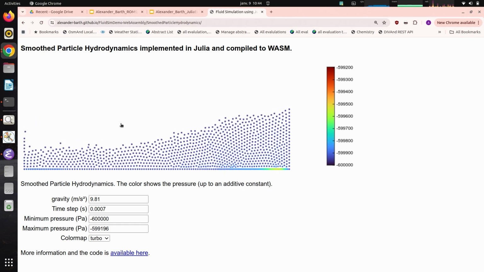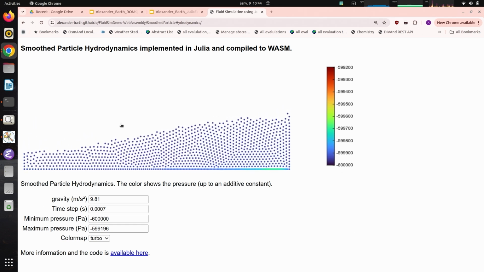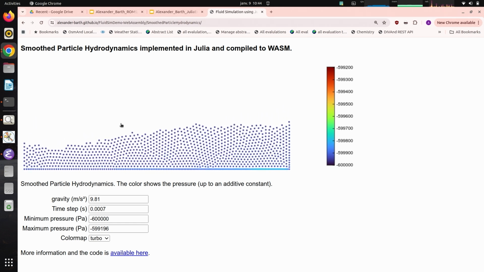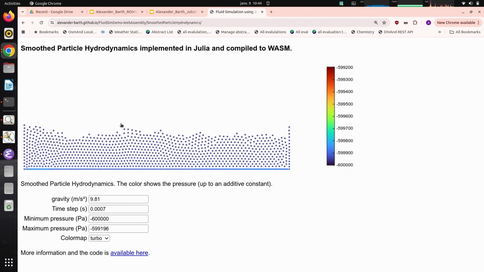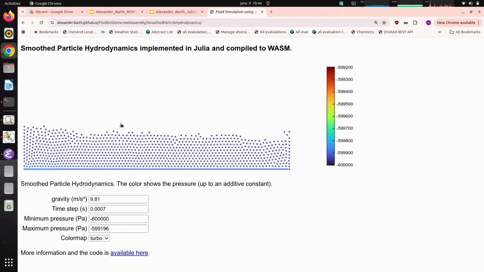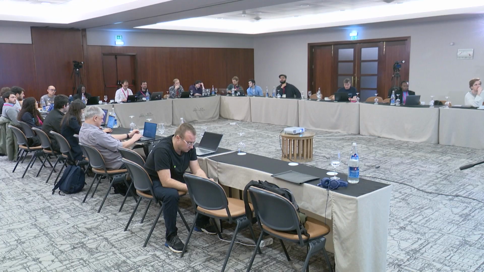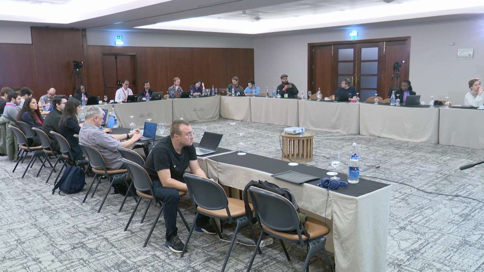WebAssembly is a supported backend in Julia, and then you can compile it down to WebAssembly. But it's a bit tricky because only a small subset of Julia is supported in this way natively. So if you want to play around, this is the URL, tiny URL slash model font, so it's easy to remember.